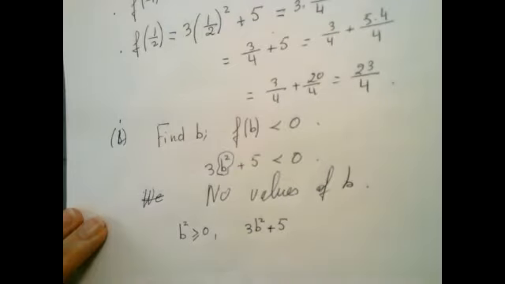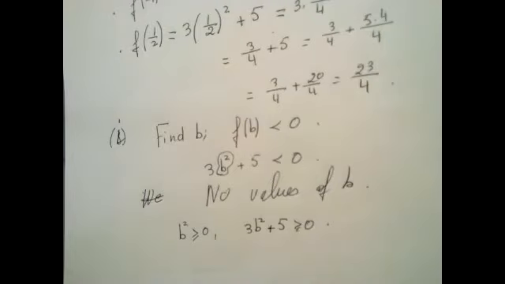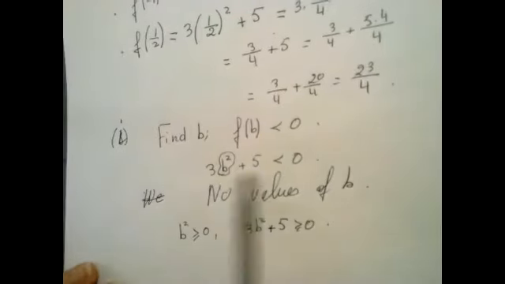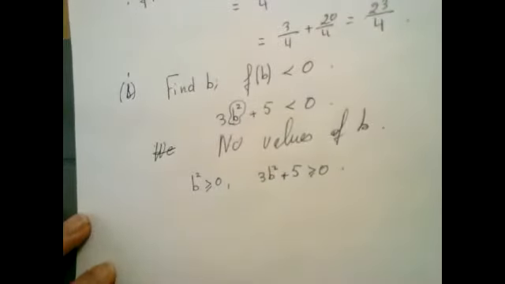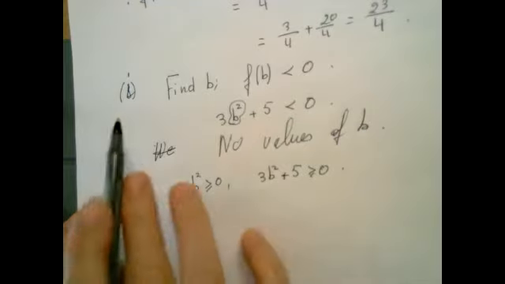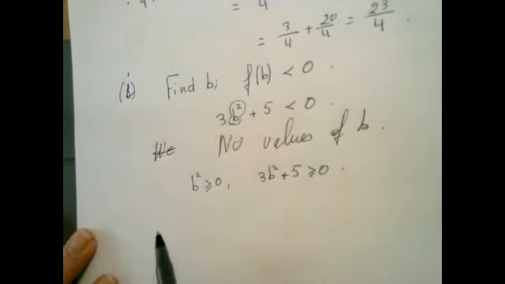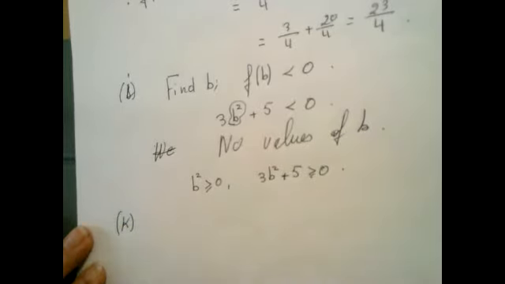So it's going to be a real positive number, and there is no way we can have a negative answer. So there are no values of b, just by looking at it in this particular problem. All right. What other questions? So we did I, and let us see K, and then I'll stop, and then we move on.